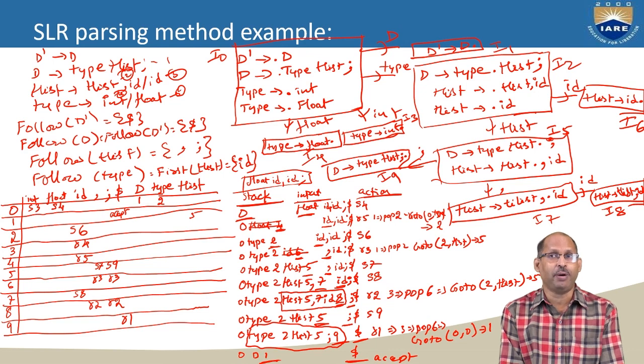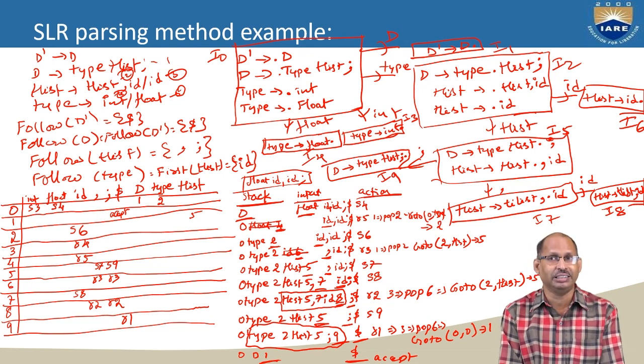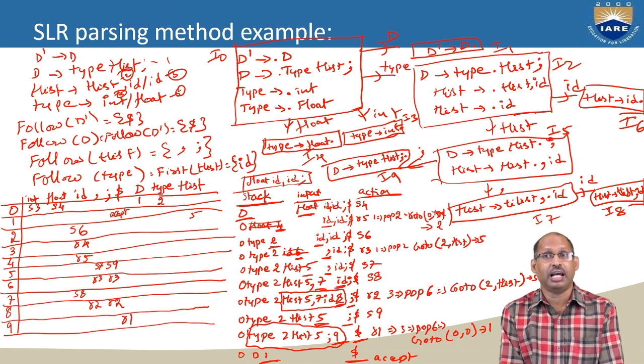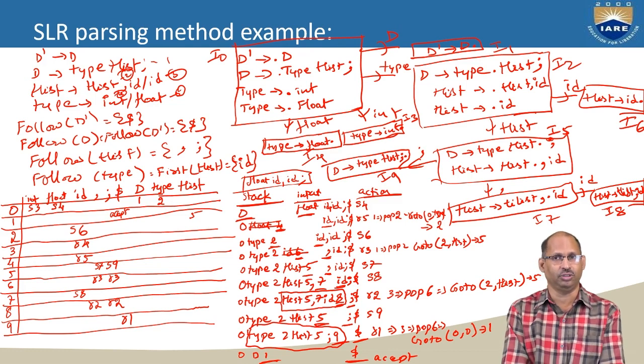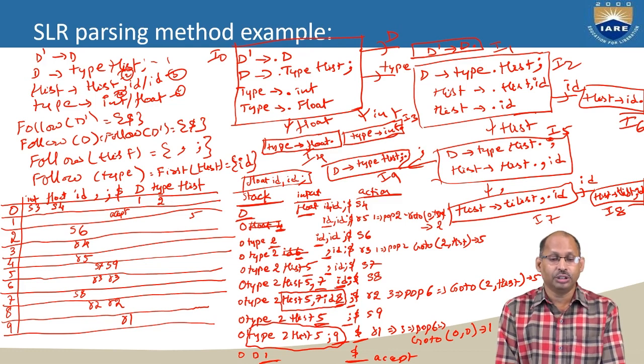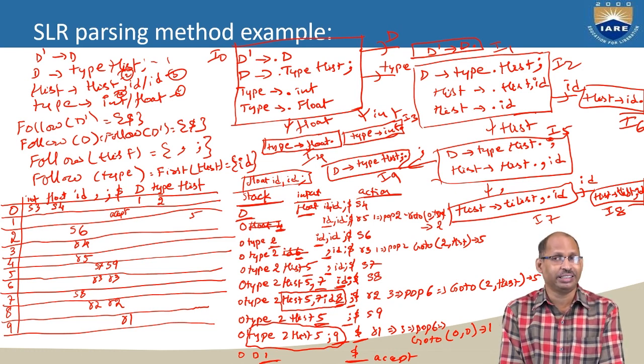From the SLR parsing table, we considered the input float id comma id semicolon and successfully verified whether the input string has correct syntax or not. So by this, I am closing this SLR parsing method example.